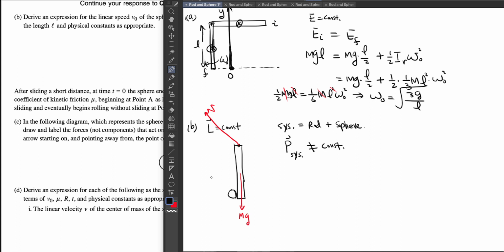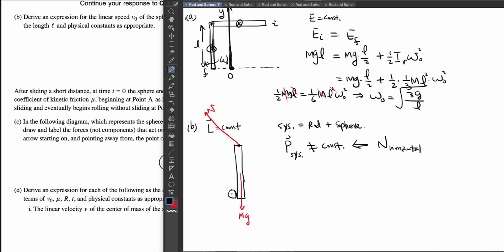So you cannot use linear momentum conservation in this question to figure out the velocity of the sphere after the collision. If you use that, it will be wrong, and the reason is the horizontal component of the normal force. That makes the linear momentum P of the system not conserved.